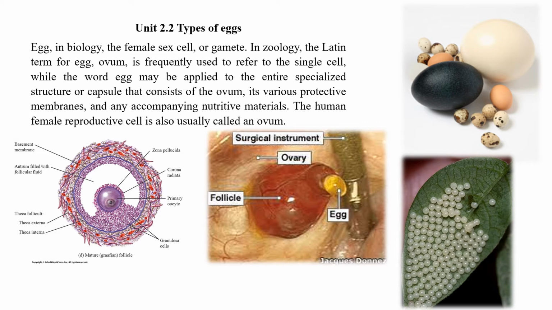So if you look at these photographs, you can find that there are numerous types of eggs across the animal kingdom. Each and every animal will produce a specialized female gamete, if it's a female, called an egg or ovum.